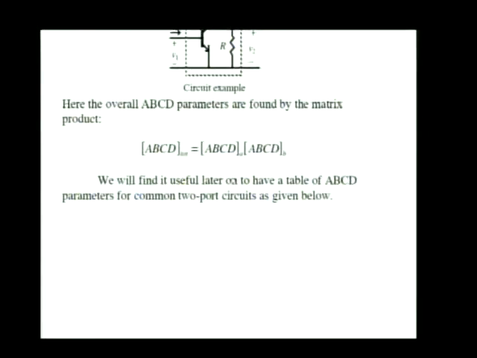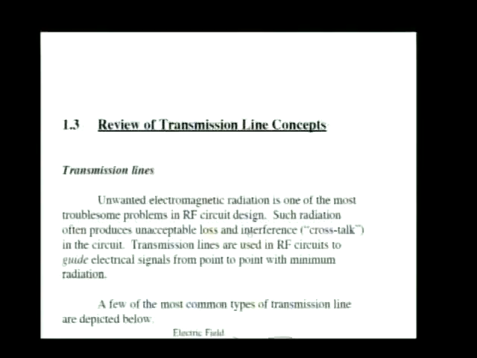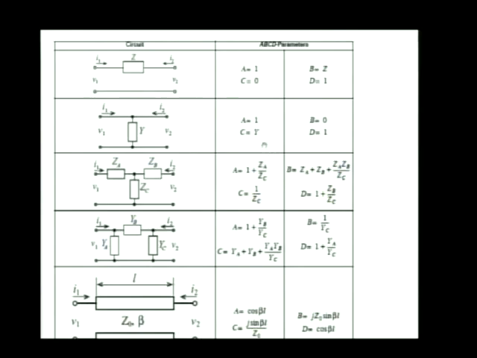We're going to find it useful to have a table of ABCD parameters to refer to in some of our calculations. Here are some very common circuits and their corresponding ABCD parameters listed one by one in this table.